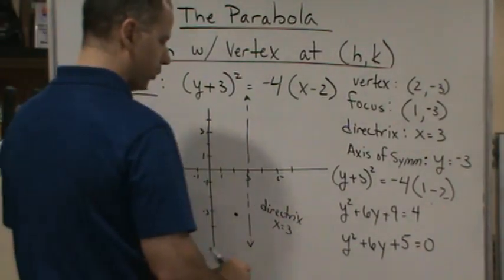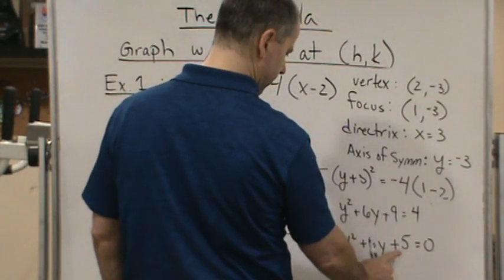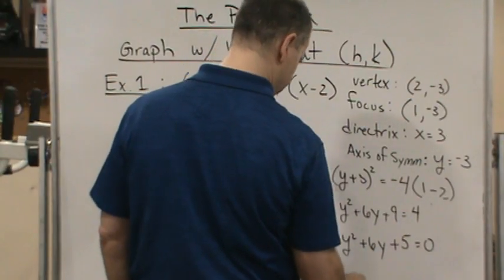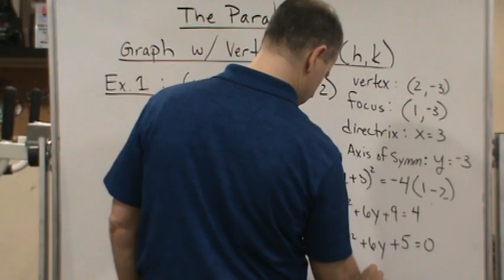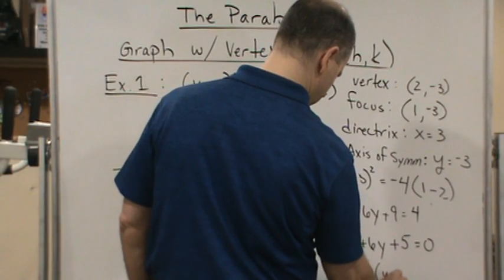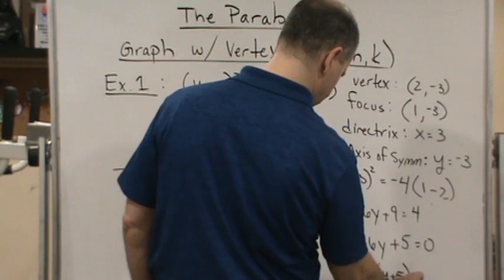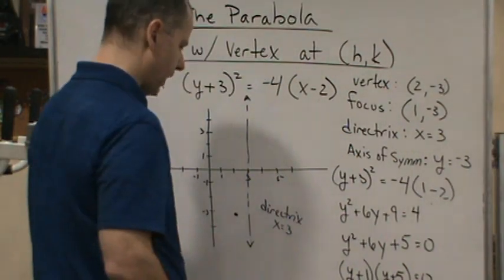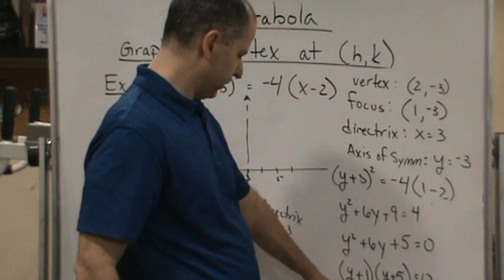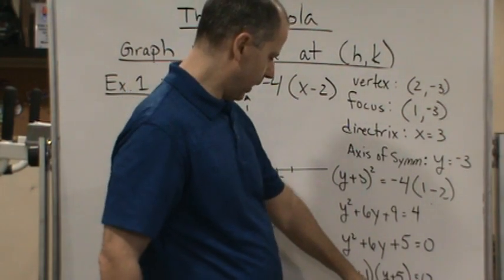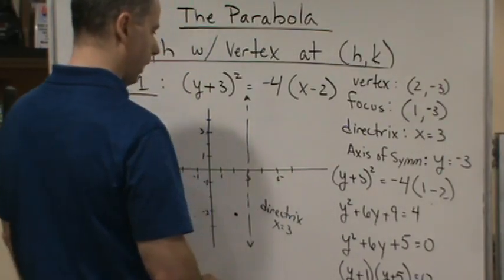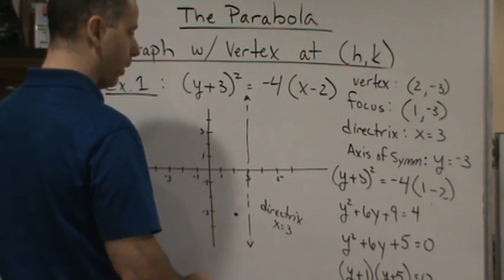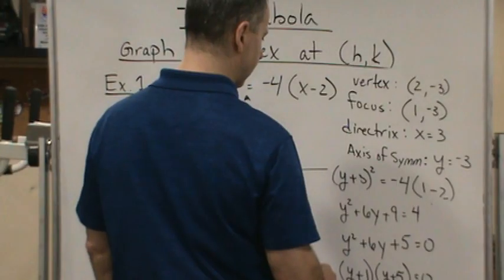Now this is factorable, so 2 factors of 5 that add to 6 are going to be 1 and 5. So that's going to give me (y plus 1) times (y plus 5) is equal to 0. And so that means y is equal to -1 and y is equal to -5. So that gives me the two endpoints I'm looking for on the latus rectum.